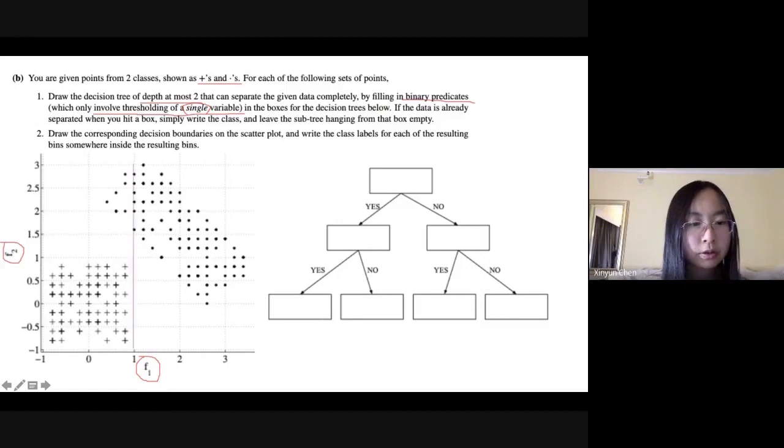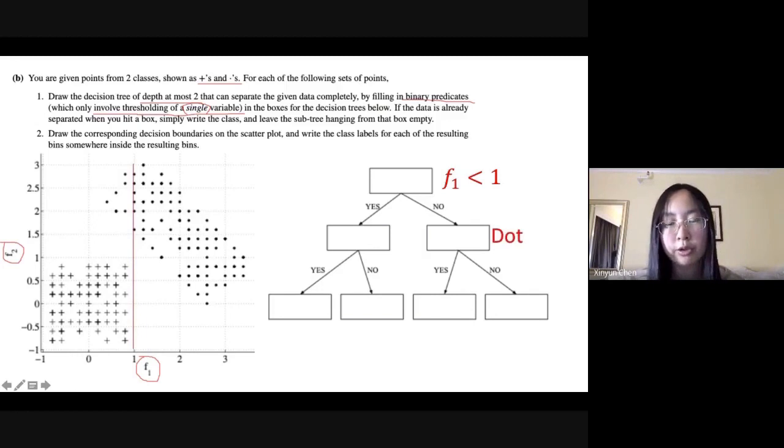Therefore, we can do the first split in this way. The first split is f1 is smaller than 1. And if the answer is no, we can see that all the points to the right of the decision boundary are dots. So when it is a no, it is dot.